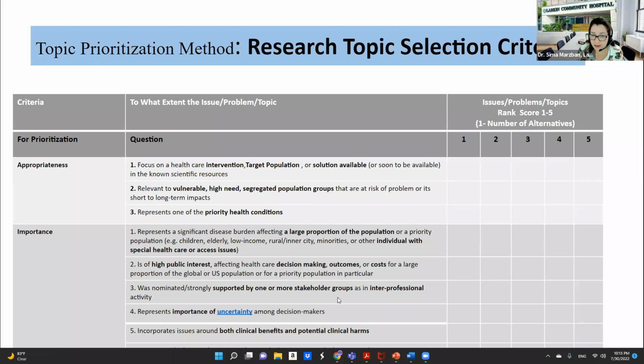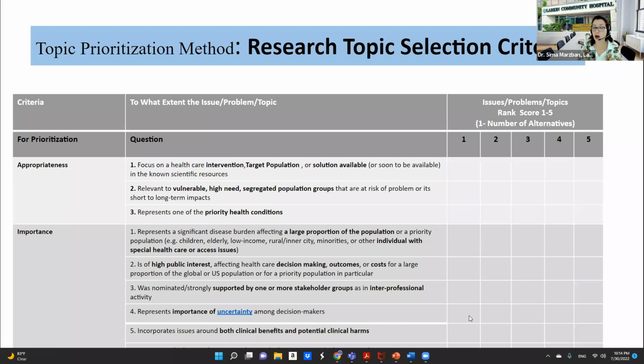Supported by 1 or more stakeholder groups and interprofessional activity between, for example, physicians from different clinical programs, nurses, public health people. That is called interprofessional, working with different types of backgrounds and educational human resources. 5. If not, 1. Represents importance of uncertainty among decision makers.